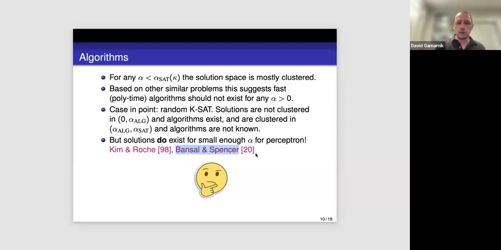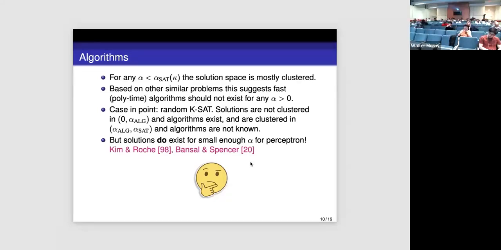As an implication of this work, the algorithms do exist for some positive alpha. Smaller, of course, than this critical threshold because that's where the solutions exist, but they do exist, despite the fact that the solution space is clustered. And this was interesting, and it was the subject of several papers, some by physicists, some by mathematicians, trying to make sense of it. How is it the case that clustering, which is usually an obstruction to algorithms, does not preclude algorithms in this case?